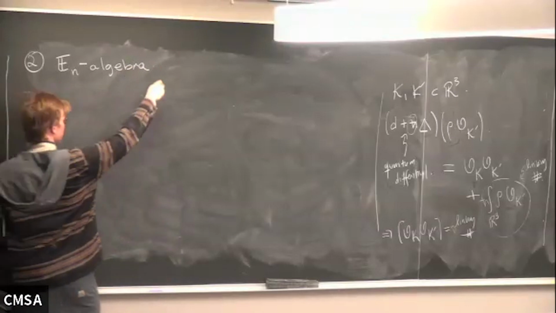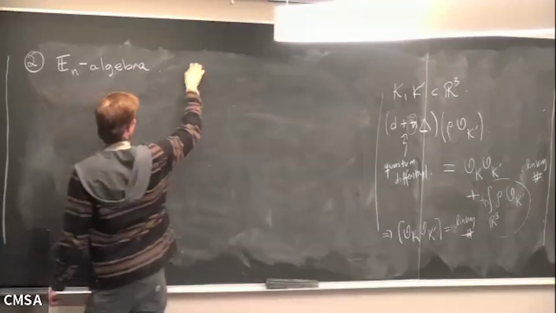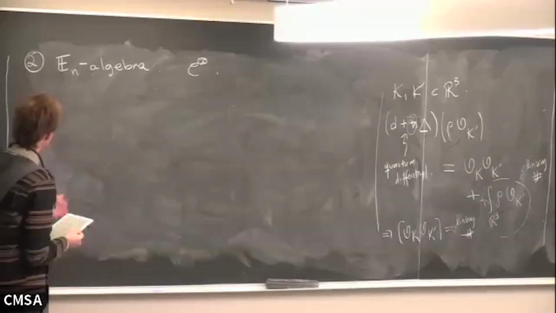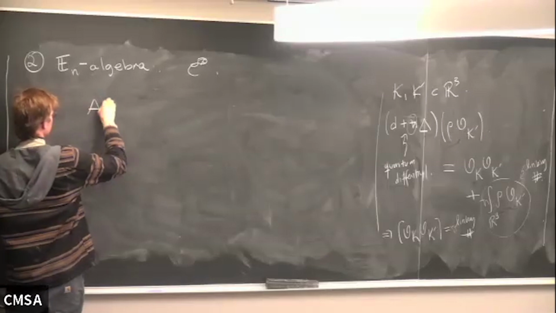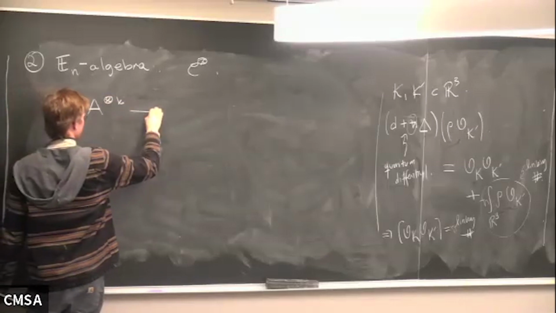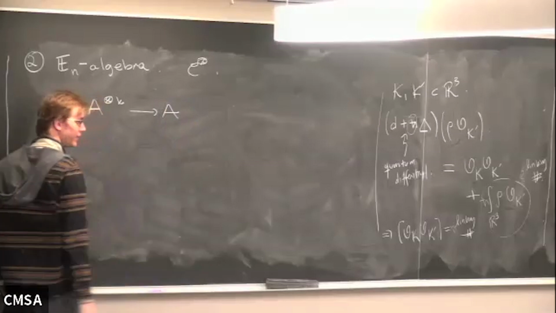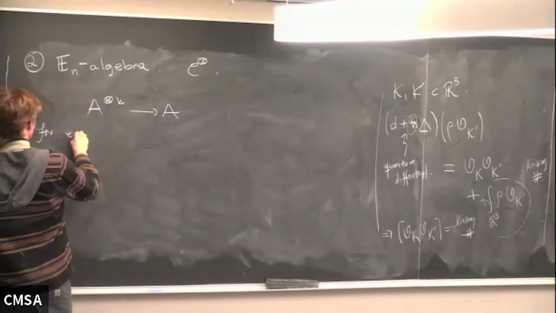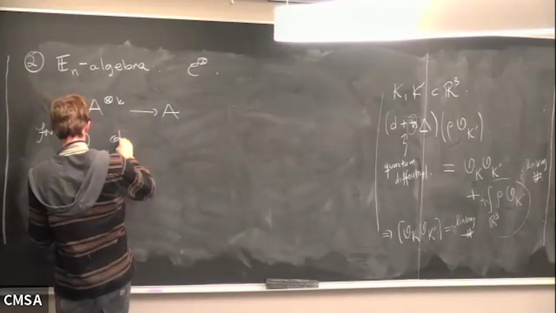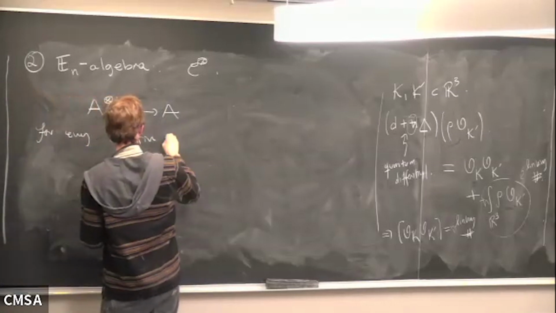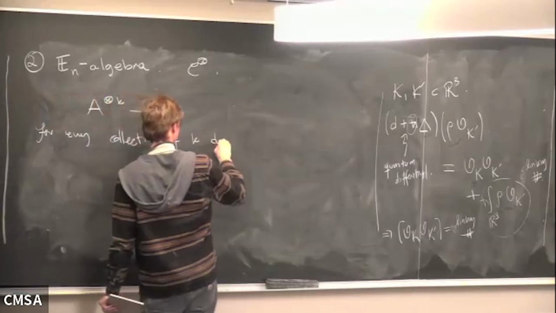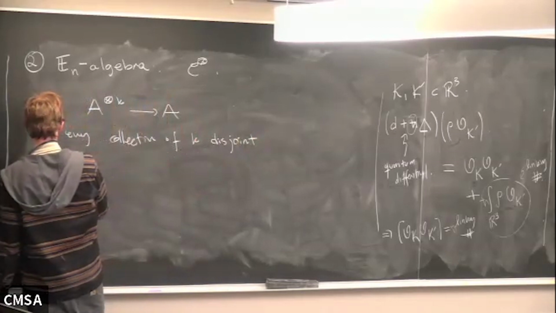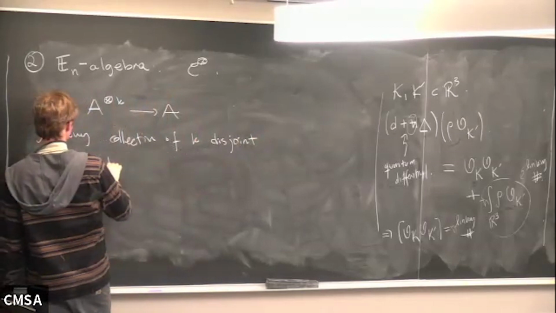Same setup as before: C is any symmetric monoidal category. An E_N algebra is an object in this category, together with a collection of operations, A tensor K to A, for every collection of K disjoint disks in R^N.